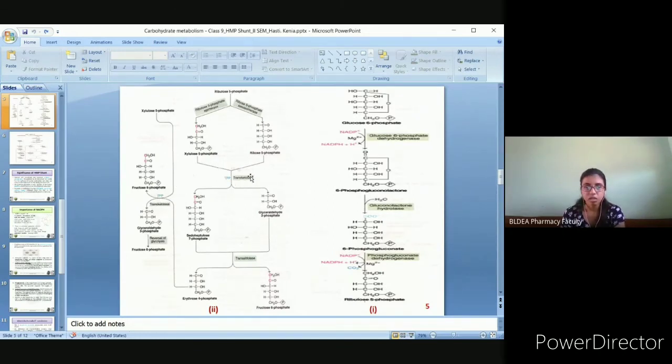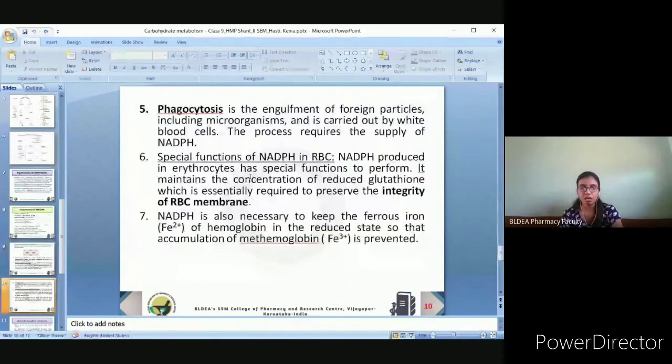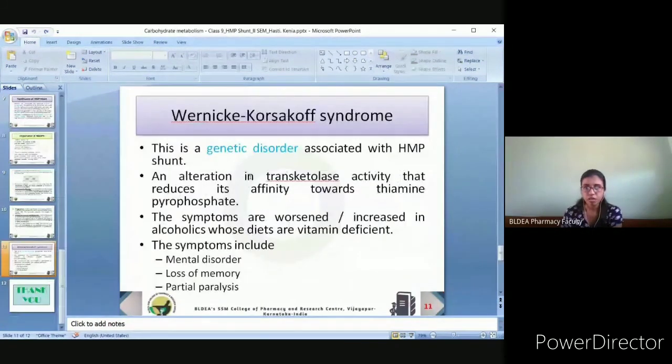Now if there is any alteration in this transketolase enzyme because of this genetic disorder, there will be an alteration in transketolase activity. Hence, the coenzyme, that is thiamine pyrophosphate, will not attach to this transketolase enzyme.